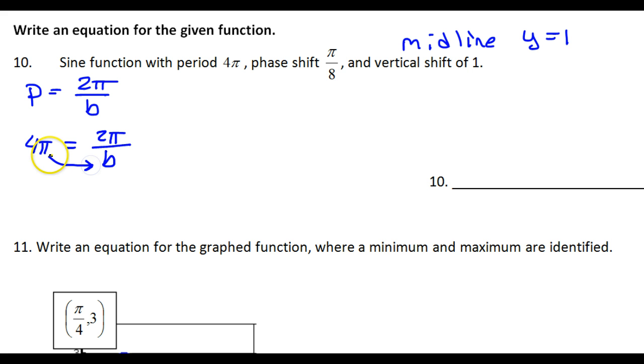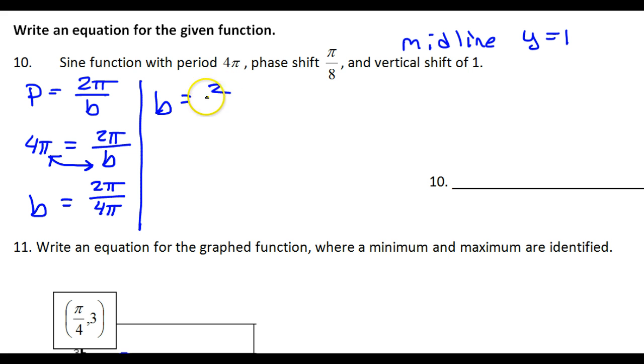Using a shortcut that we've used many times before, I can swap these. So the b value is going to be 2 pi divided by 4 pi. The pi's cancel out, and you will find that the b value is 2 over 4. So the b value is 1/2.